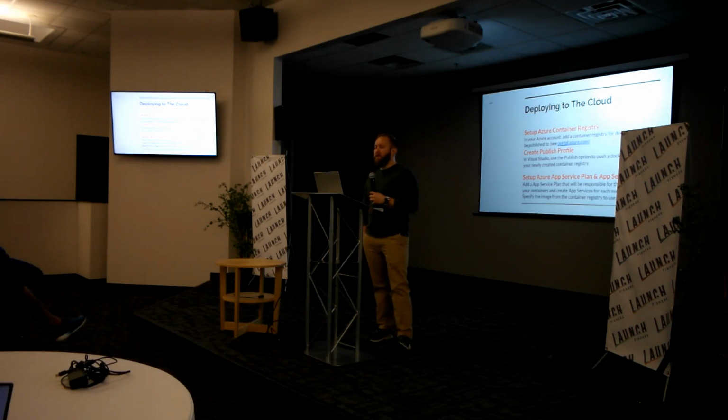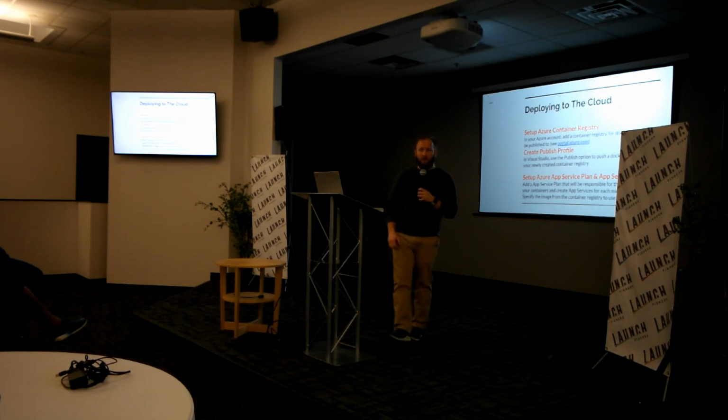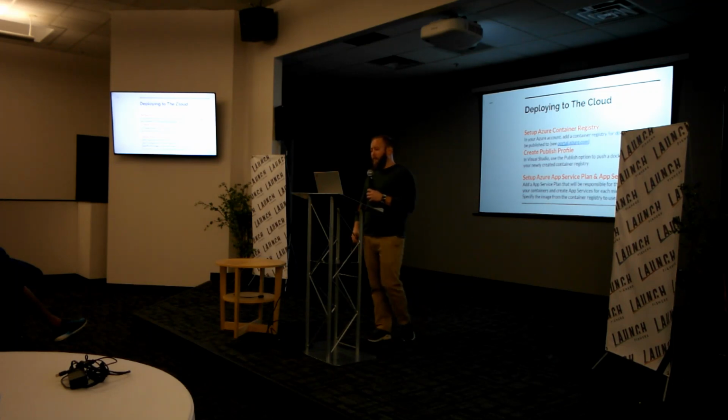there's a couple things you need in Azure to be able to deploy an app. The first thing you need is an Azure Container Registry. This is basically a repository of all your Docker images. Second thing you need to do is in Visual Studio, you'll create a publish profile, which is simply using the publish option.